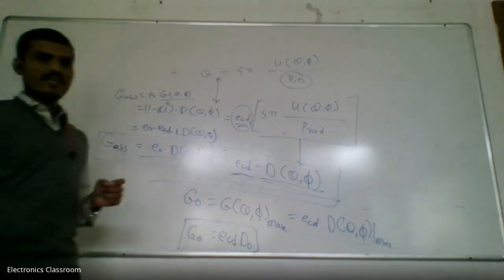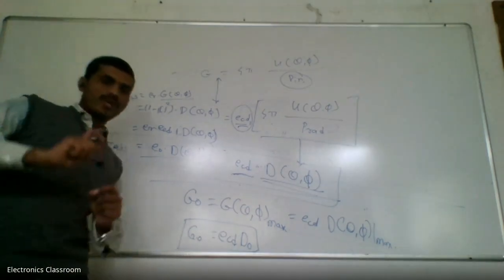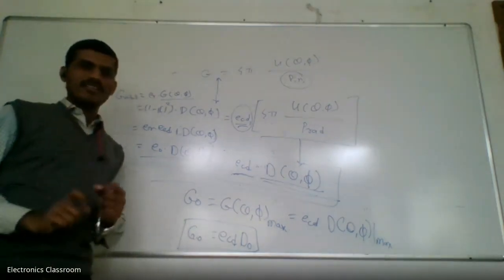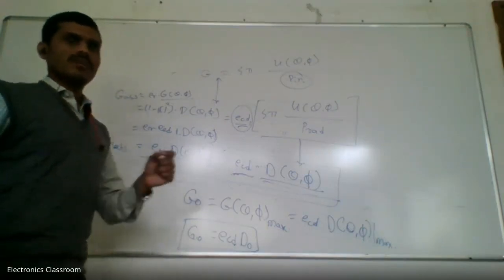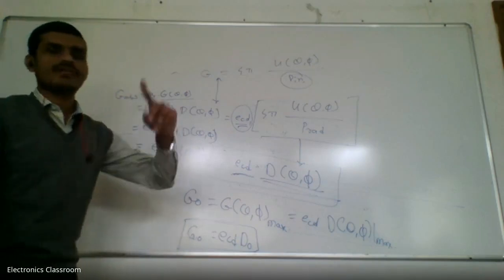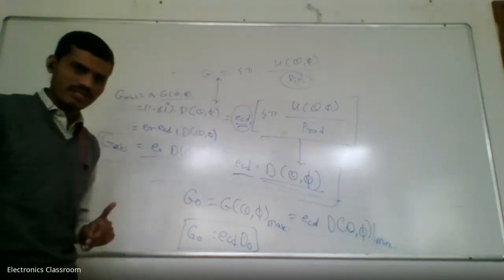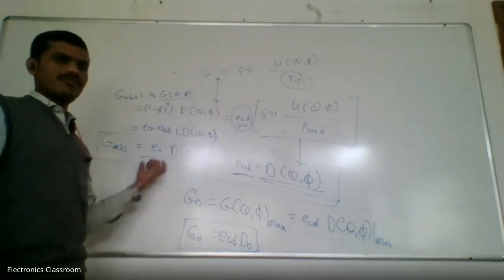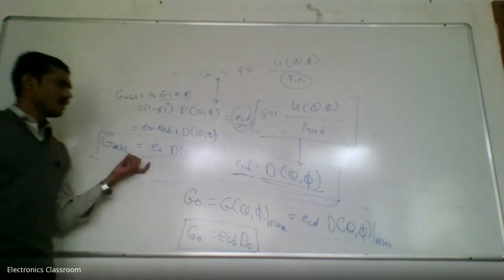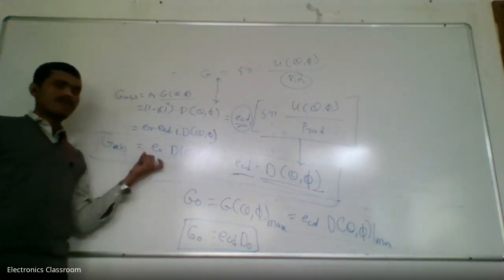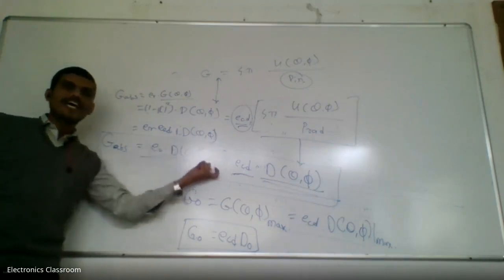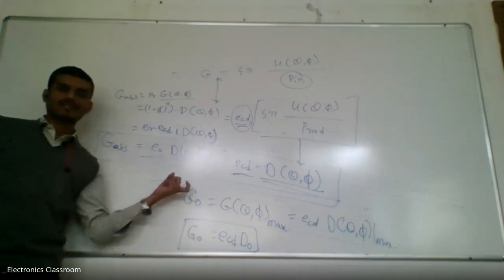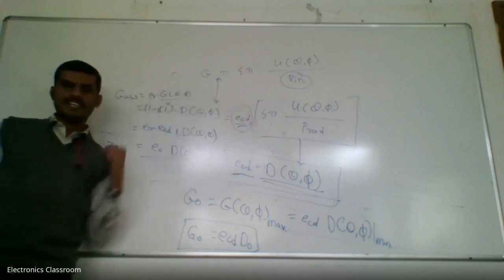That means when we move from the gain to absolute gain, at that time we are considering the mismatch losses and radiation losses or reflection losses. First we derive the two different equations by using reflection losses and radiation losses, and they are combined finally together, and we get the equation that the absolute gain of the antenna is equal to the total antenna efficiency into the directivity of that particular antenna in a given direction.